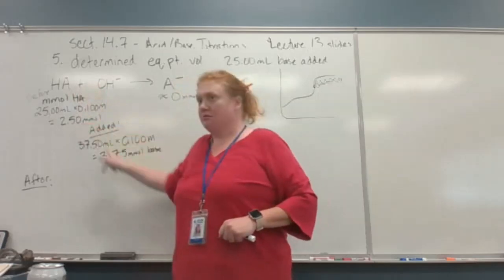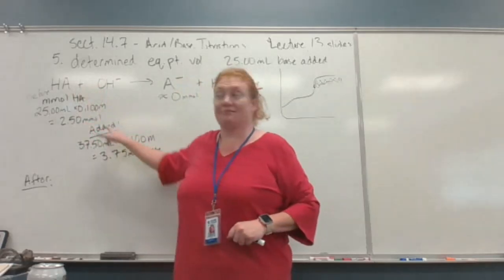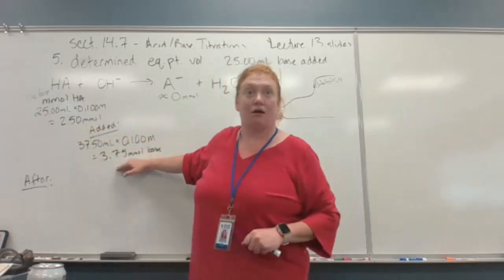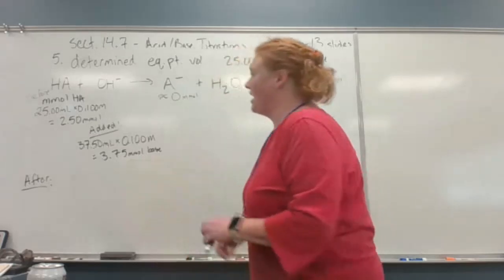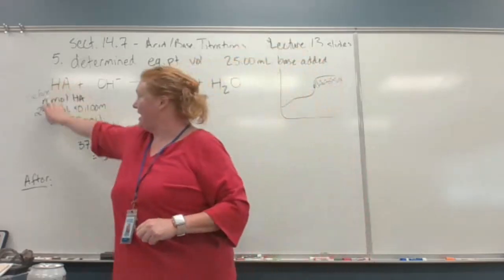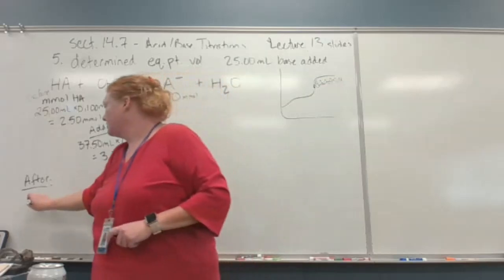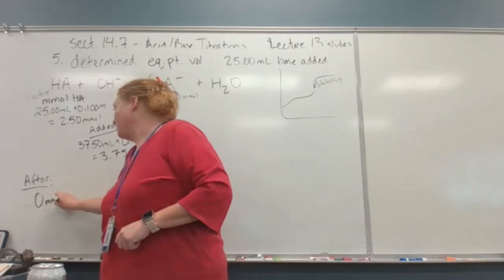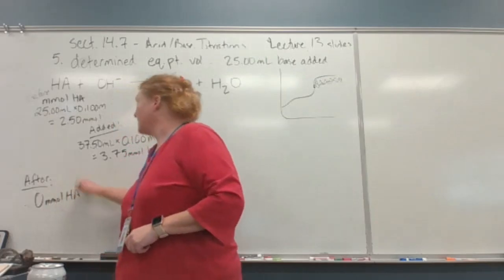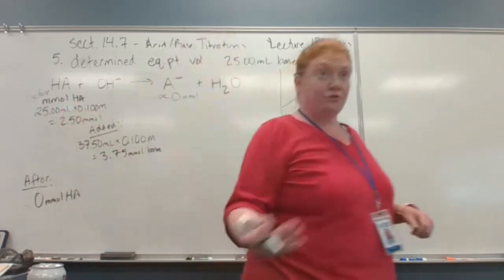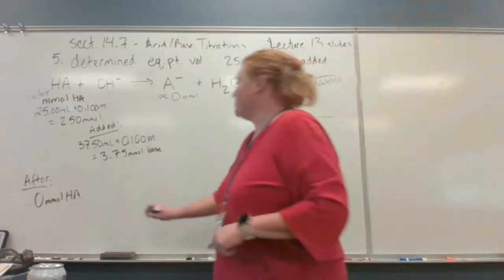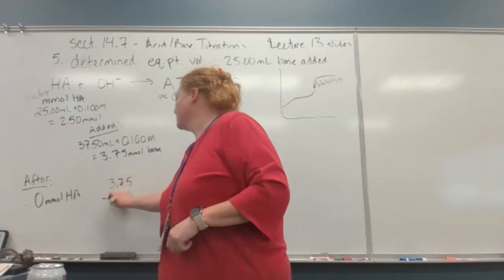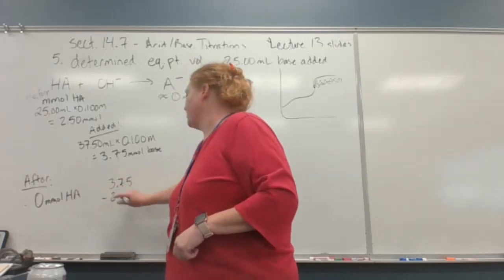Which one of these is in excess now? The base. You have excess hydroxide. How much of this acid is still remaining? You have no HA remaining. It all got used up. You have how much OH minus remaining? Do the subtraction, right?